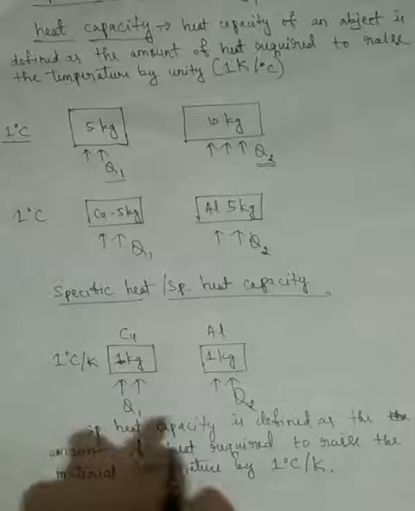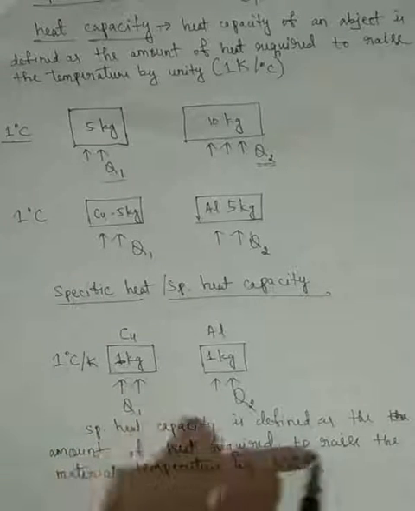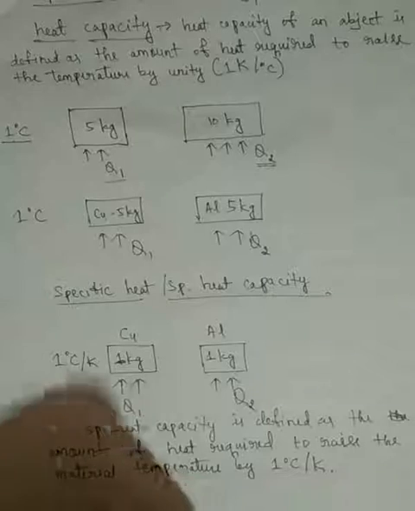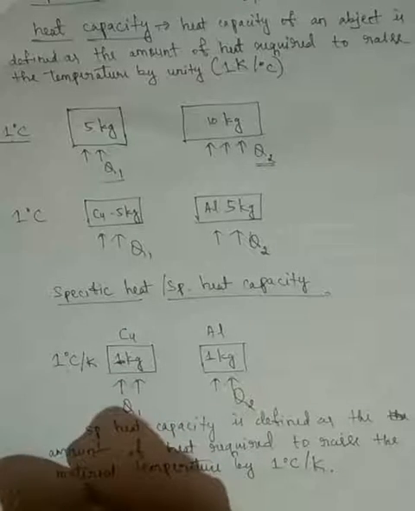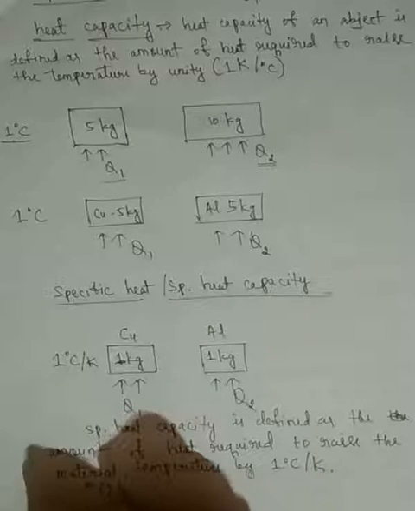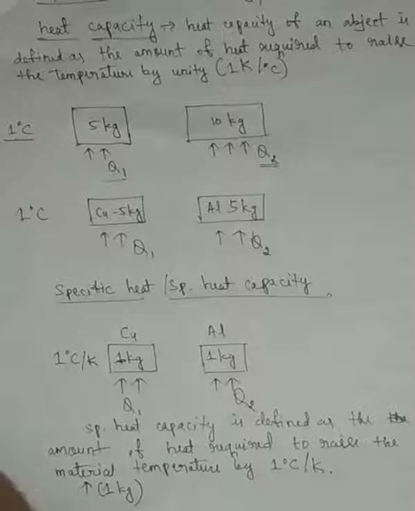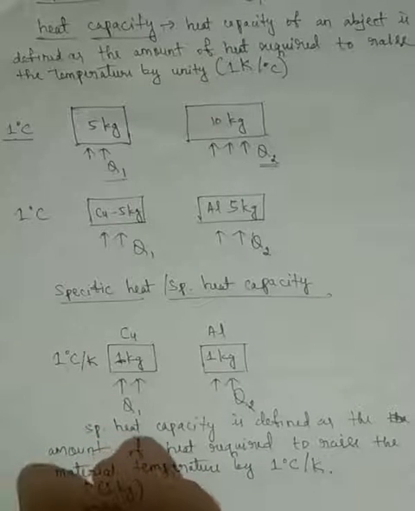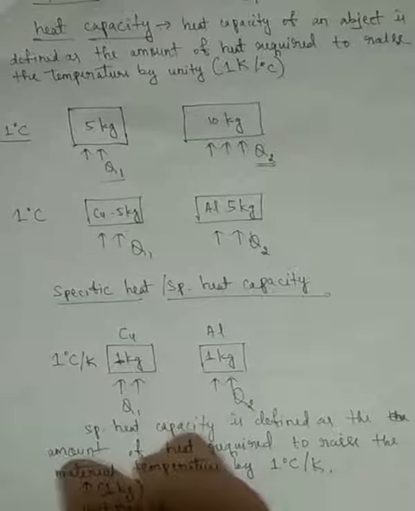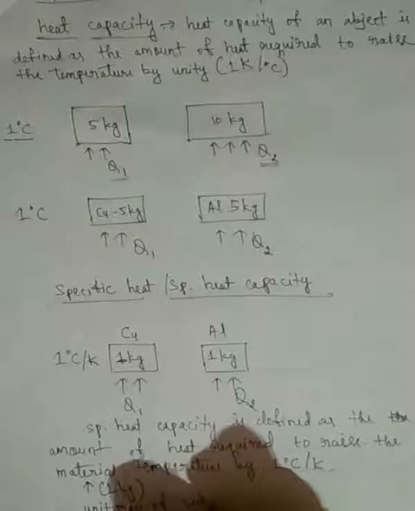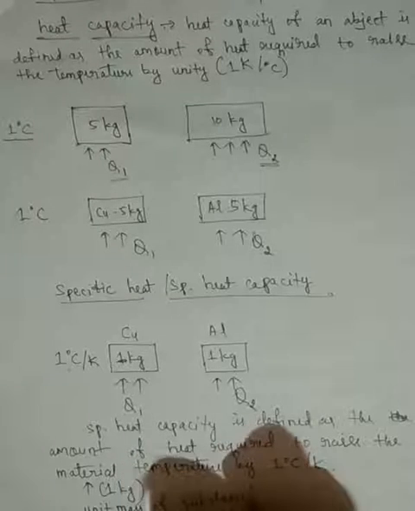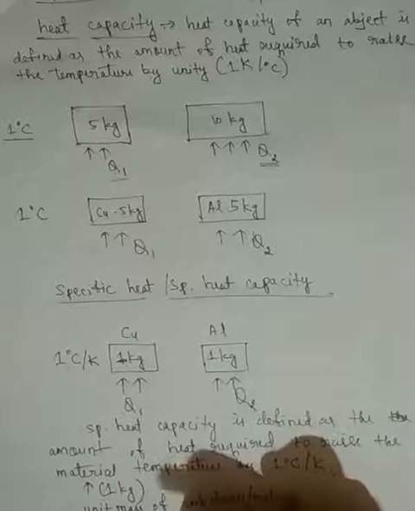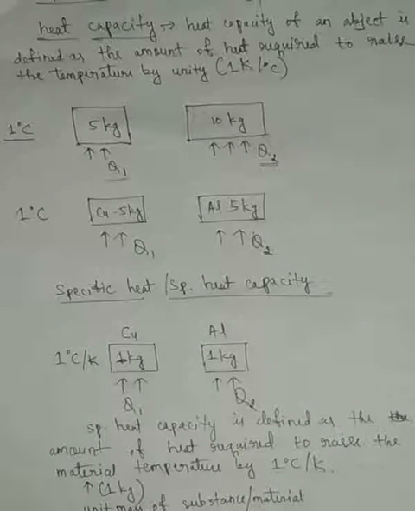So here specific heat capacity is defined as the amount of heat required to raise the temperature of material which is 1 kg. Here 1 kg means unit mass of substance or material. So we modify the heat capacity definition and we get the specific heat capacity definition.